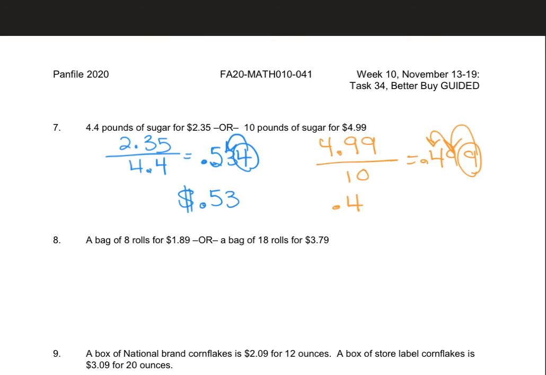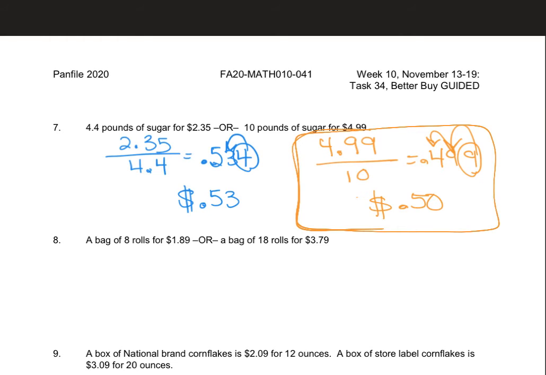So this actually becomes 0.50. But it is still our better buy. Because 50 is less than 53.